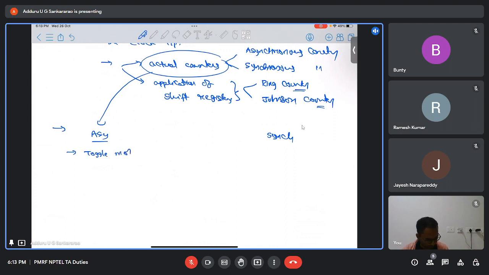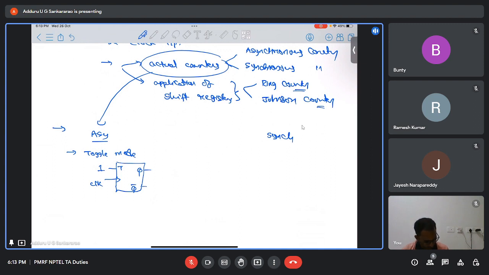You know what toggle mode is, right? Let us say some flip-flop, a T flip-flop or JK flip-flop, with Q and Q bar as outputs. The clock is applied and T equals 1. It is an edge-triggered flip-flop, so for every clock pulse the output should toggle.